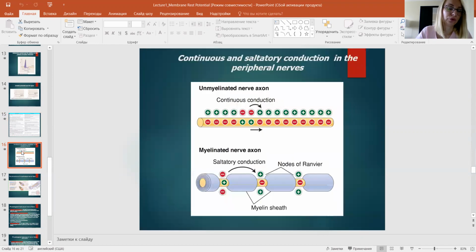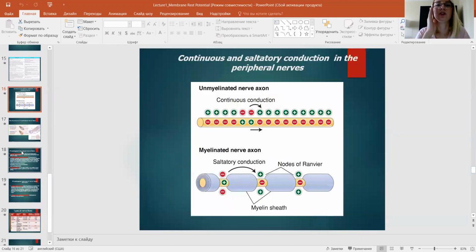Okay, let's move to the next item, which is conduction of action potential. It can be continuous and saltatory conduction. So in contrast to the graded potential, action potential can spread along the cell membrane remaining the same size.